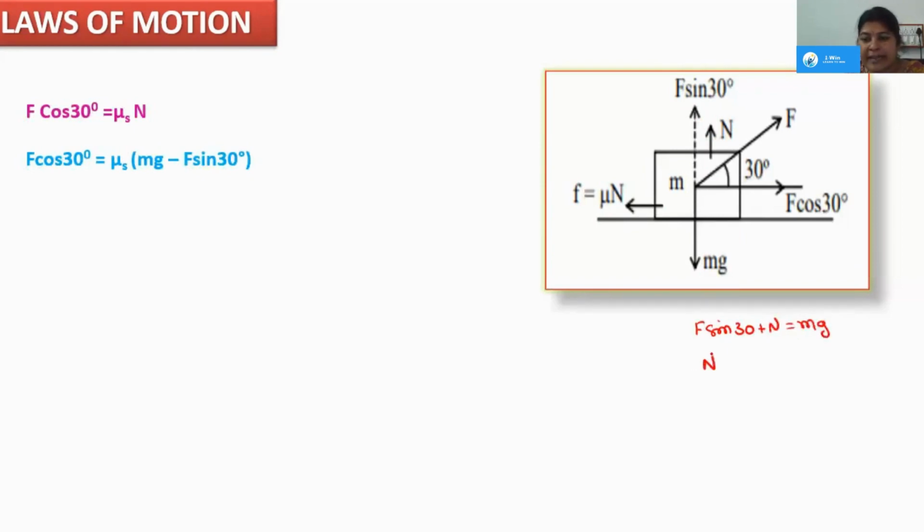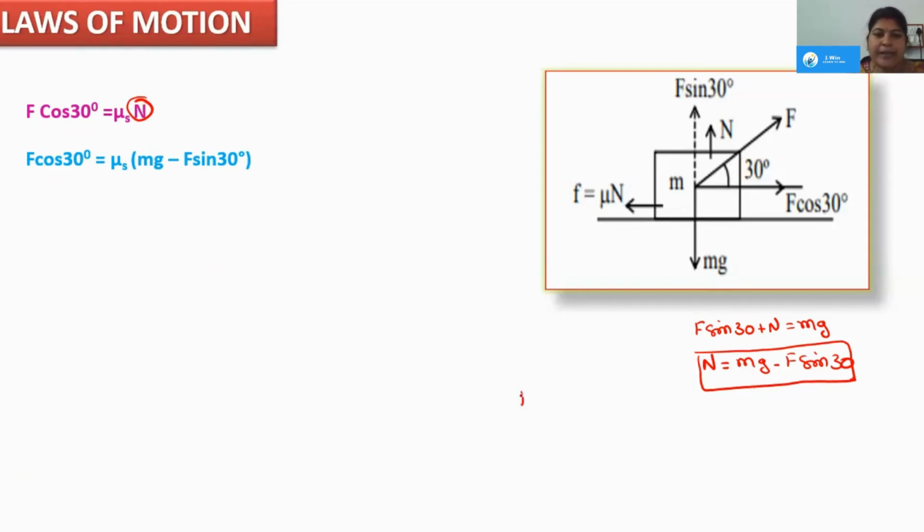From here we have taken N as mg minus F sin 30. Substituting this in the normal reaction, F cos 30 equals mu s into mg minus F sin 30. Now, further simplification.